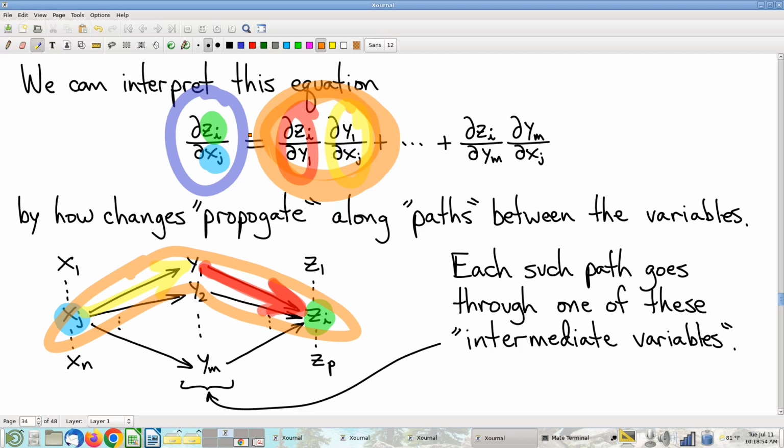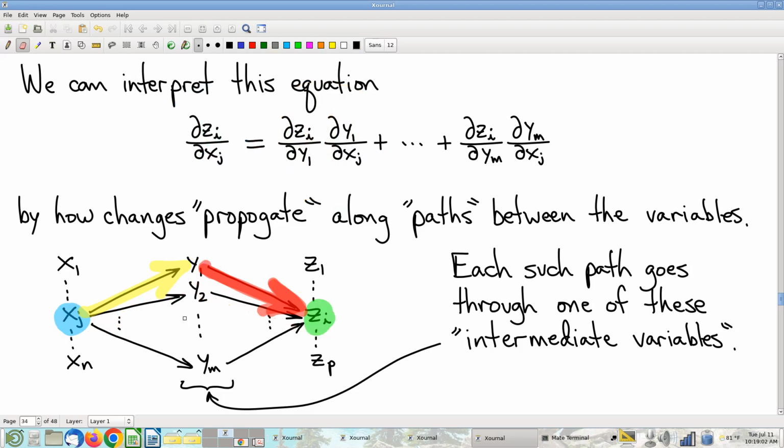This is a really nice point of view. It's almost a kind of a geometric point of view on this algebraic equation. You can think of terms in the chain. Let me get rid of all these colors. It's getting confusing. You can think of terms in the chain rule as corresponding to paths from where your input variable is to where your output variable is, paths along which those changes can propagate.